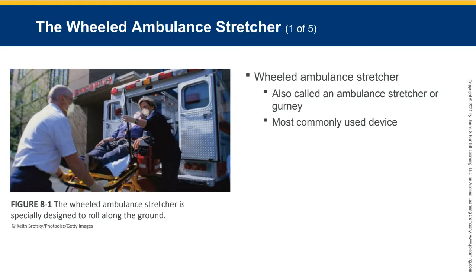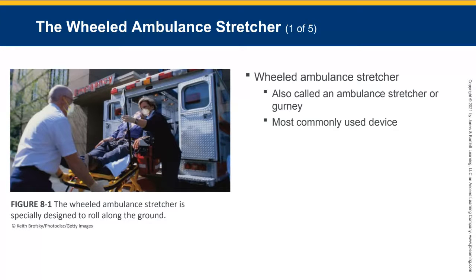So it's always easier and better to roll a person along instead of lifting the person. The device that we mainly use for rolling the patient is our wheeled ambulance stretcher. Some call it a gurney, some call it a cot, different names, but it's our wheeled ambulance stretcher.